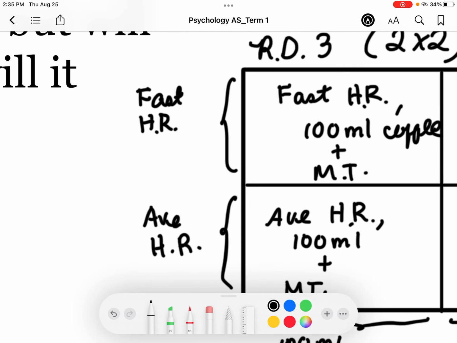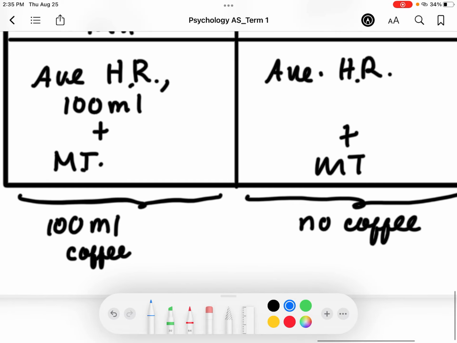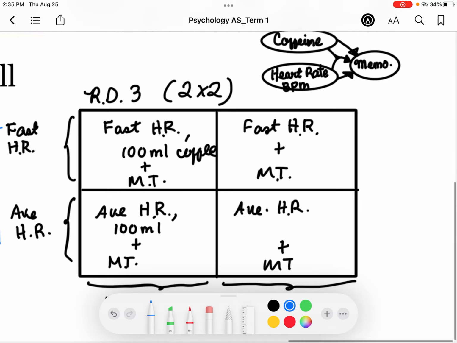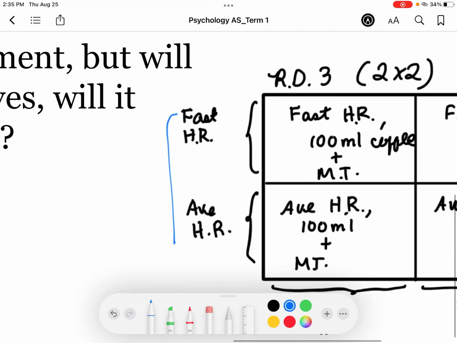So this group right here is fast heart rate, and this is heart rate, either fast or average. Let's say fast is 130 to 160 beats per minute.